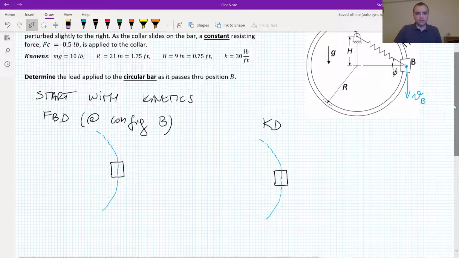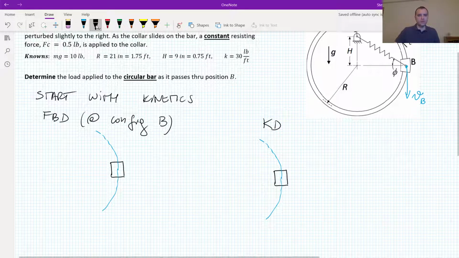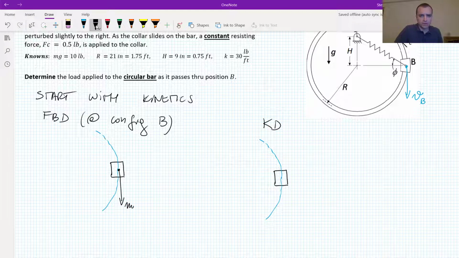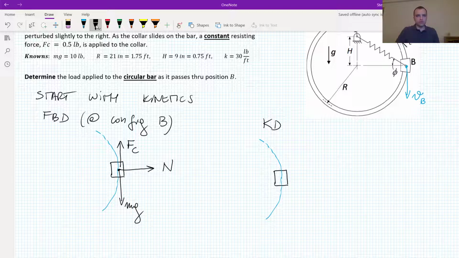So what forces act on our collar as it passes through point B? I believe that definitely there is mg acting on our collar. I believe that there is a reaction force coming from the circular bar. I am pretty sure that there is that constant force Fc acting on our system, and also there is force coming from this spring.